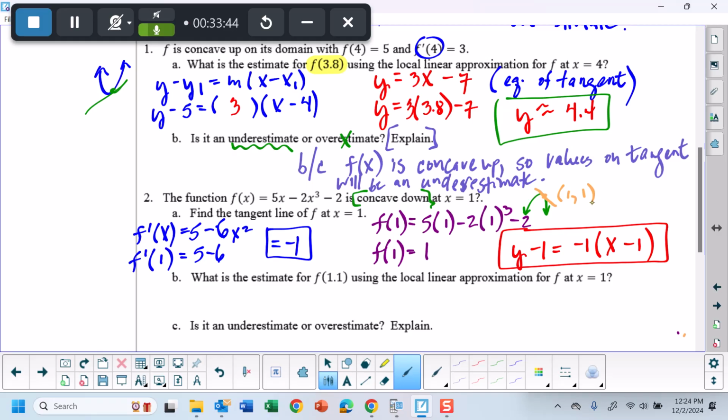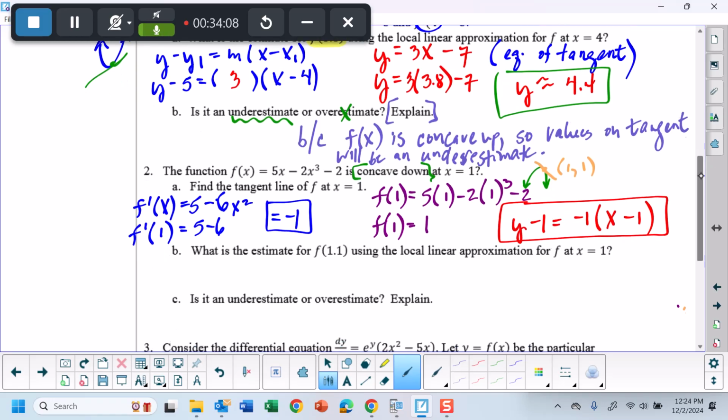We want you to practice doing local linearity. If it seems silly, it's because we're learning it at a very basic introductory level, and there's going to come a time where we don't have the equation of the function, but we can still use the tangent to justify how we get those input and output values. So we'll do it their way.